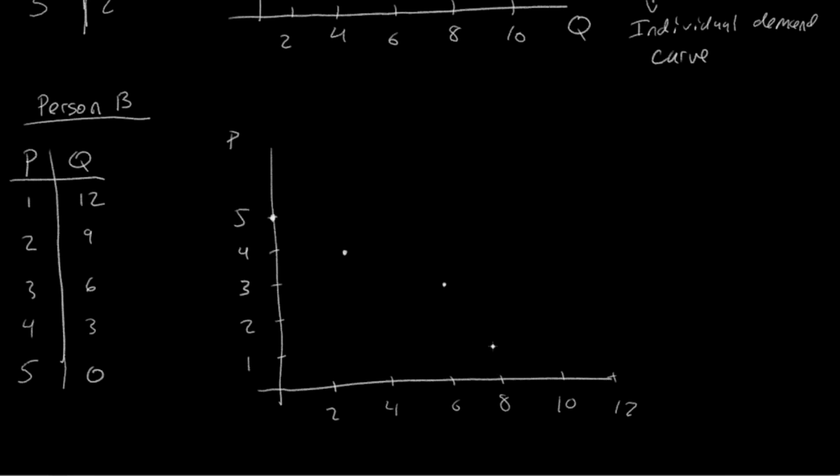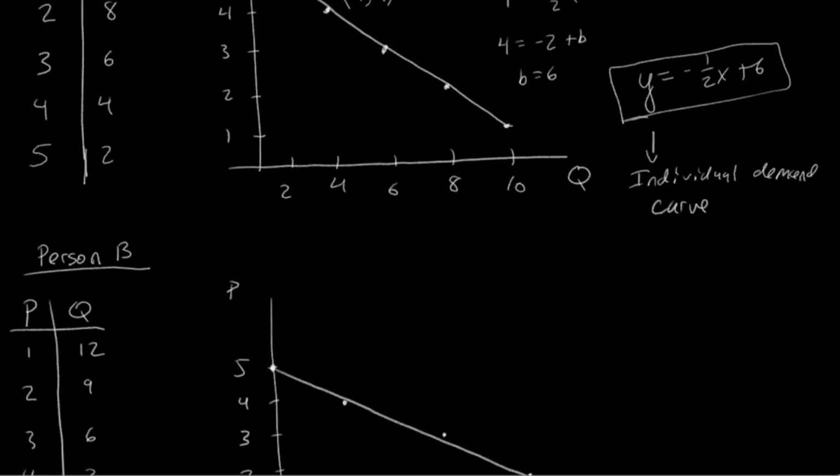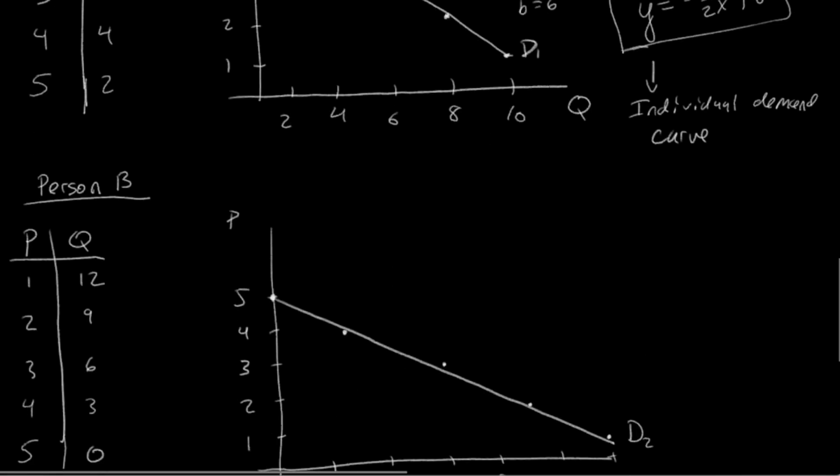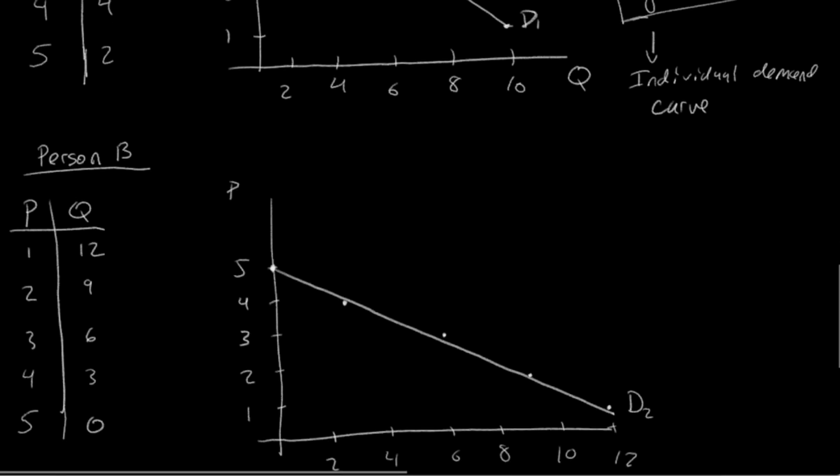When price is 2, we have 9, sorry, not 8. And when price is 1, we have 12. So we end up with a line something like this. We'll label this D2 and call the first one D1. Demand curves are denoted D.